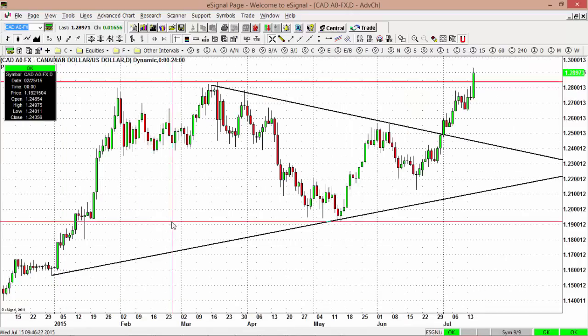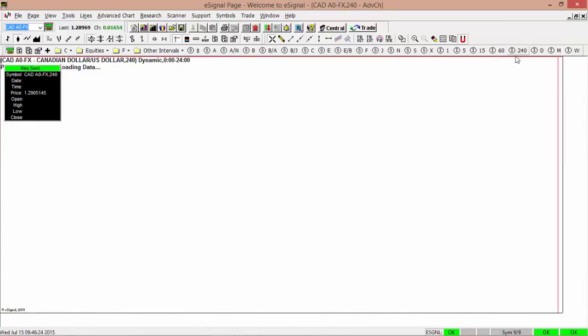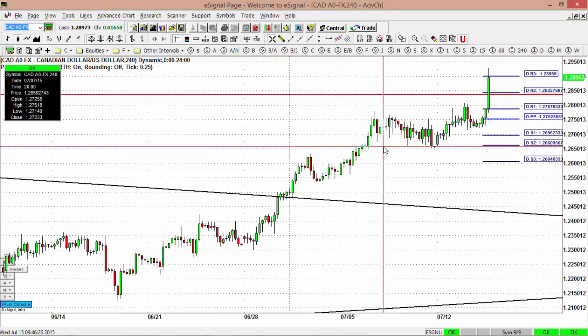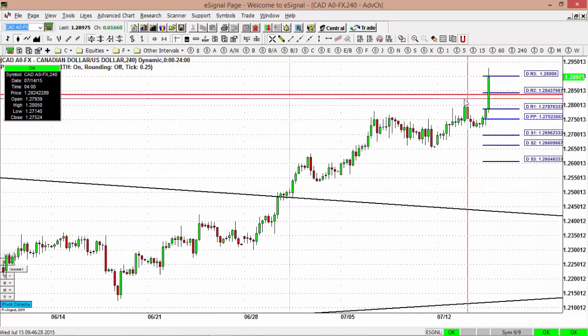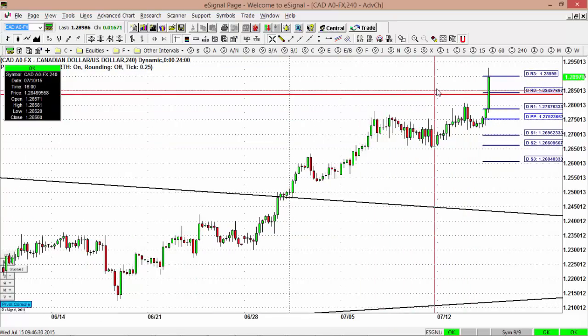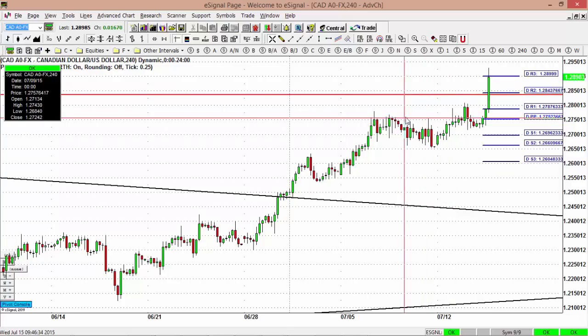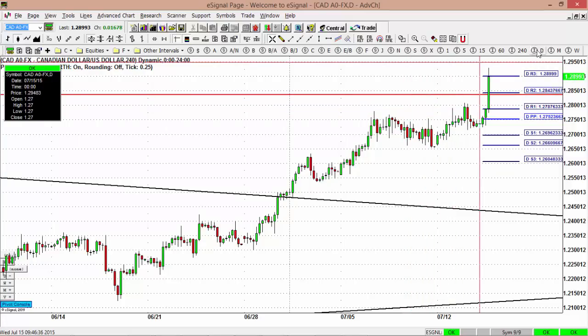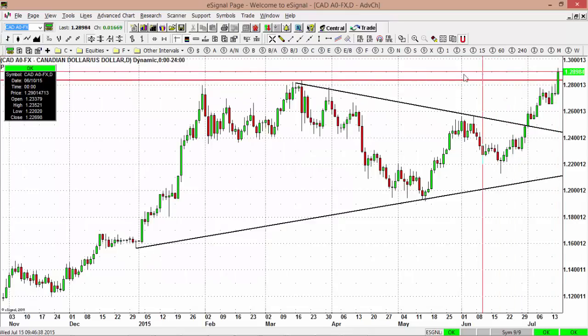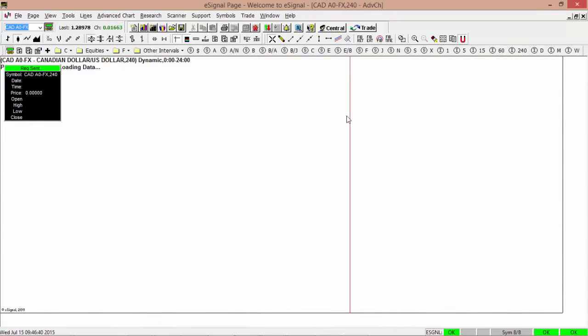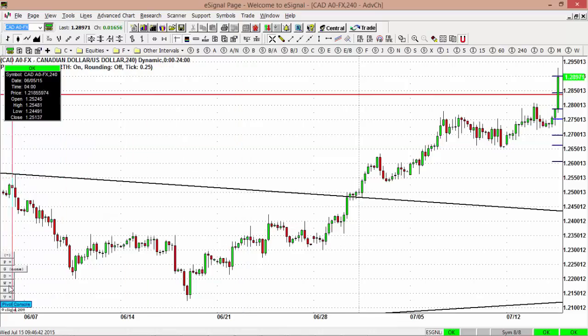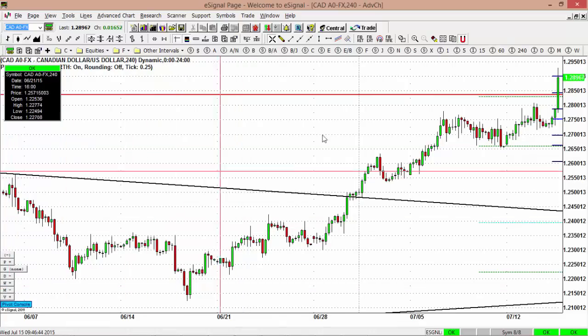Now, support in this market, let's go down to the 4-hour chart. We should get to see some support at 128.50 down to 128.20. That's an old breakout point, and resistance is at the monthly pivot point so far.